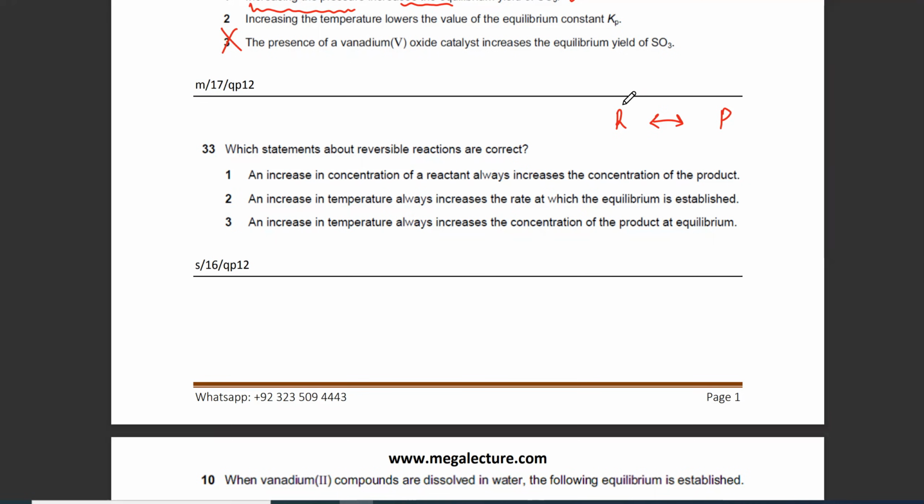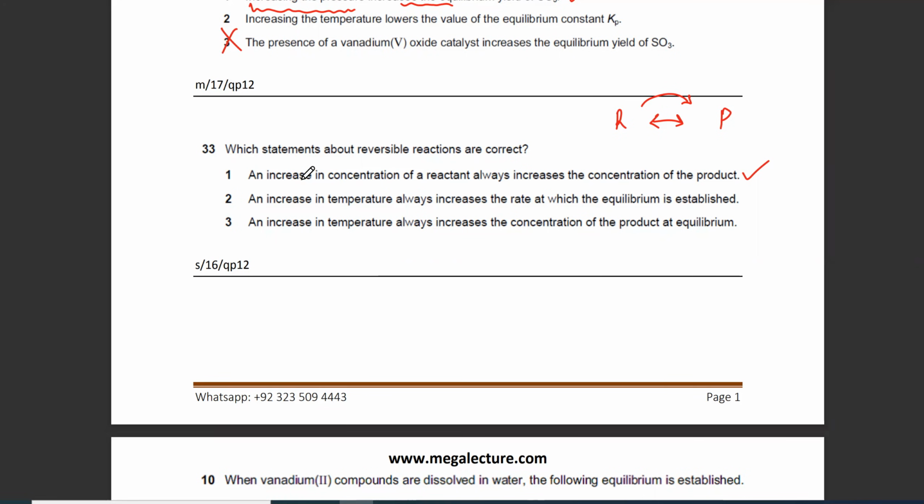Forward. Okay, so if I increase the concentration of the reactant, it's going to try to decrease it by converting it into products. So it's definitely going to increase the concentration of the product because the forward reaction is going to be favored. Okay, is that clear?